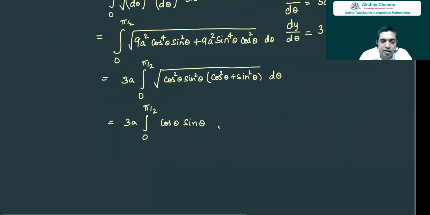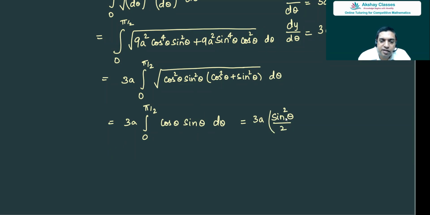Without the modulus, why? Because in the first quadrant, that is when theta lies between 0 to pi by 2, both cos and sine are positive. So that's what we get here. Okay, and then let us integrate. Derivative of sine theta is cos theta. So we can write the antiderivative as sine square theta upon 2.